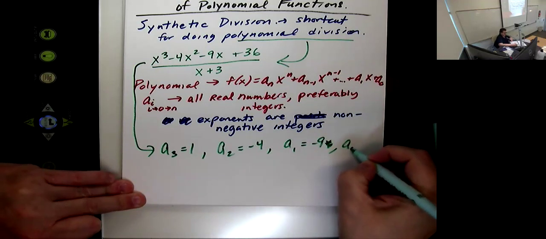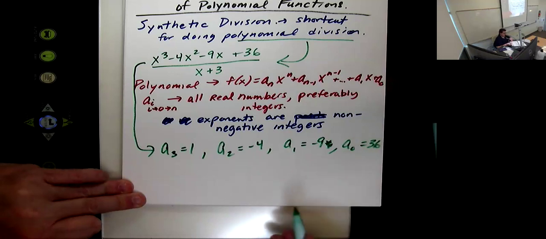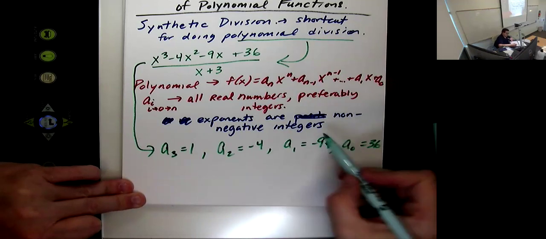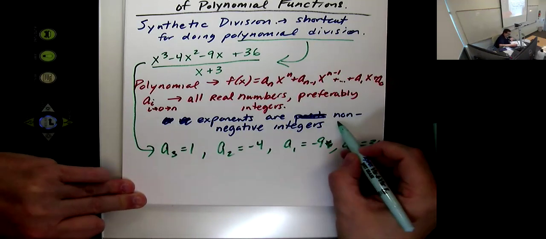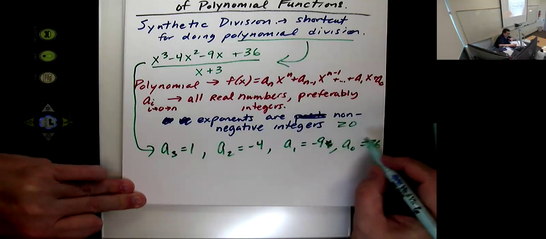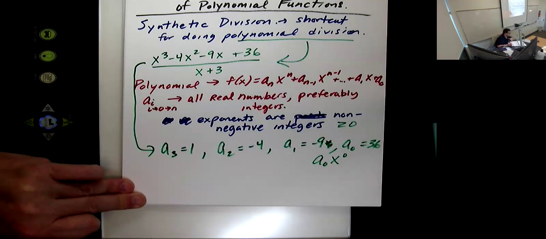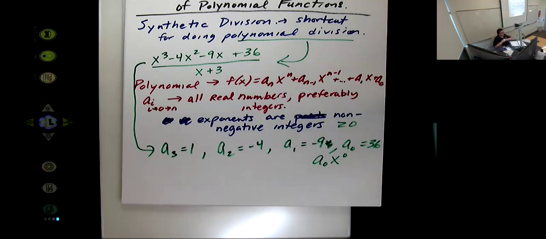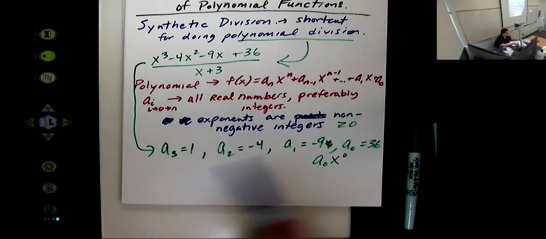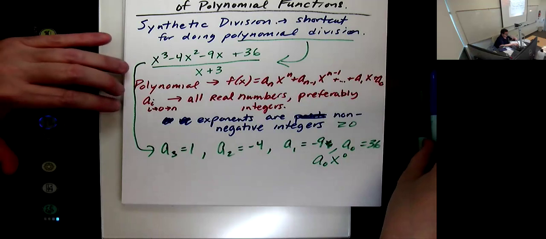And a0 is 36. The reason I say non-negative integers, greater than or equal to 0, is because the a0 term is literally x to the 0, so we do have a 0 exponent present. And a1 is not me plugging in 3 as x.